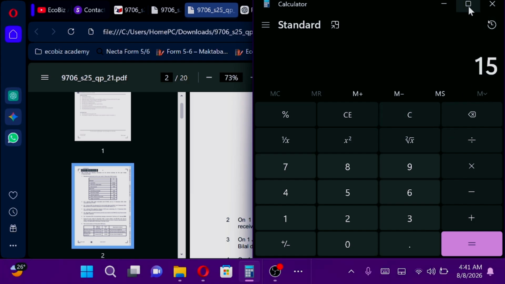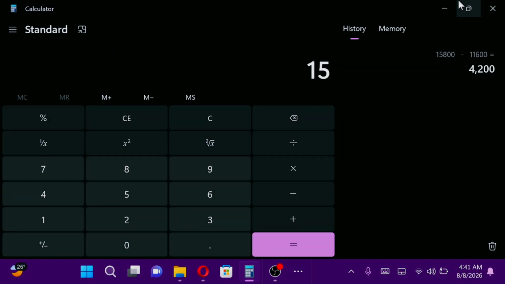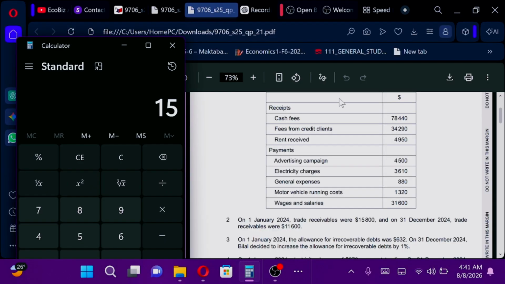Sorry guys, let's start again. 15,800 subtracted by 11,600. What do we get? We get 4,200. Now this amount is the total trade receivables which we used during 2024.